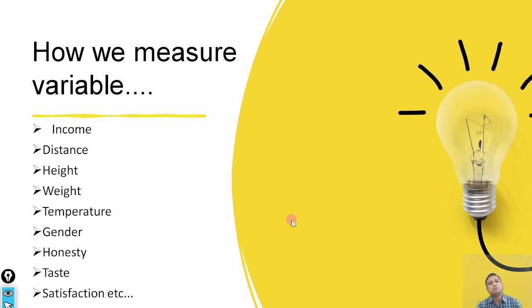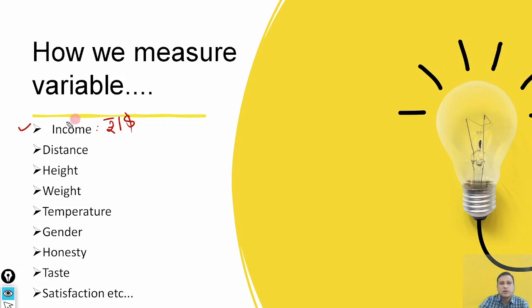Now, before starting this lecture, let me ask you how we actually measure the following variables. The variables are listed here. First is income. How do we measure income? We measure income in rupees or in dollars. If I ask my respondent how much is your income, then he or she will respond like 20,000 rupees per month or 15,000 rupees per month and so on.